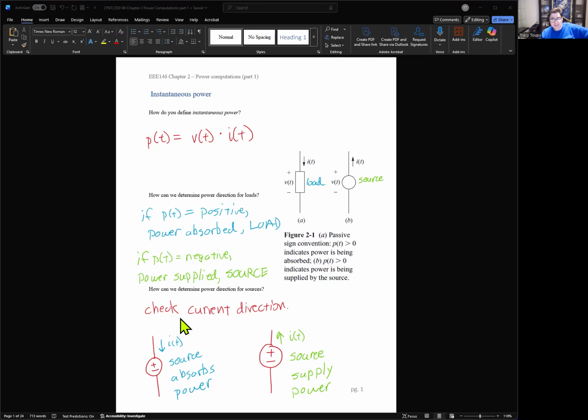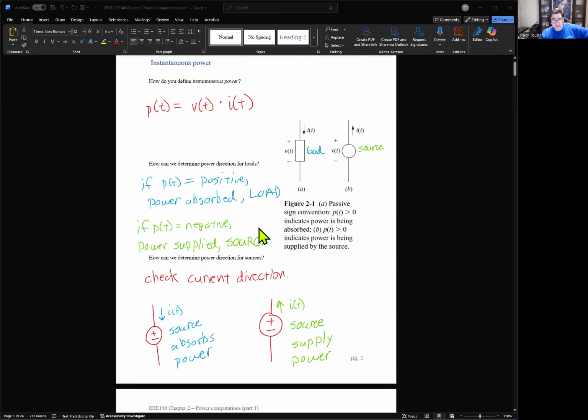So the easiest way is just check which way the current is flowing. But you have to keep track of the positive orientation of the voltage source, right? So always reference the positive terminal right here of the voltage source. And every voltage source has to tell you what the positive terminal is. If you have a voltage source and you don't know which one is positive or negative, you literally can't do anything with it. Okay. So that's instantaneous power.